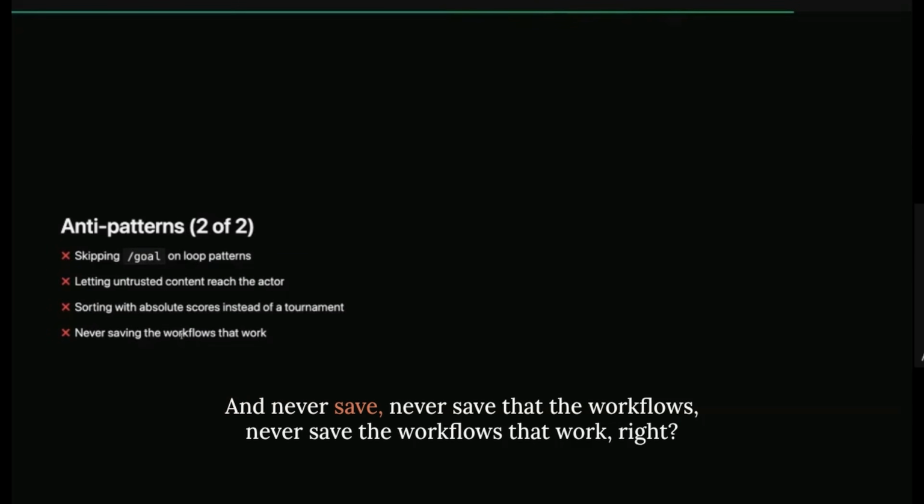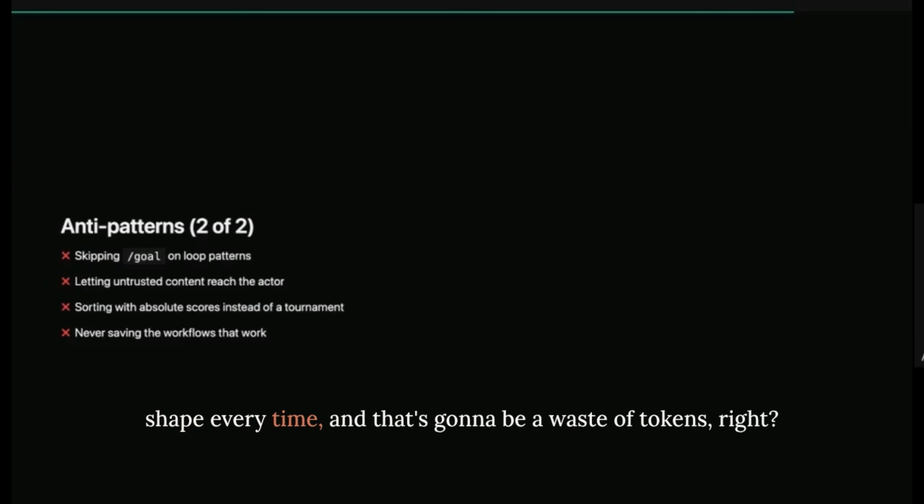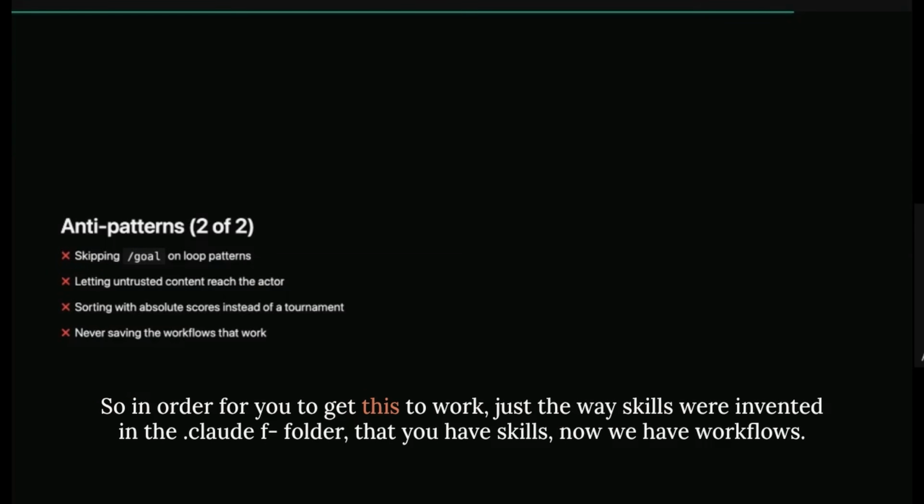And never saving the workflows that work. If you don't save the workflows that work into a skill, you have to start reprompting the same shape every time, and that's a waste of tokens. Just the way skills were invented in the .claude folder, now we have workflows.